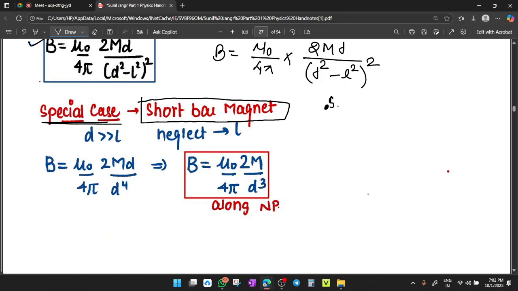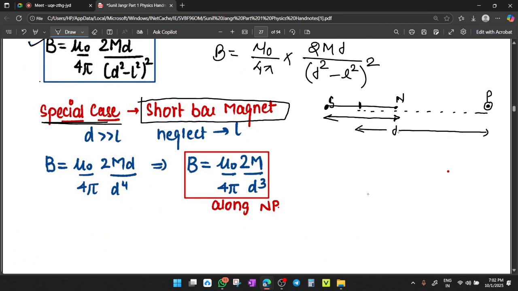See here, this is a south pole and this is a north pole. If the dipole is very small, this means the effective length will be very less. In comparison to this effective length, the external point at which we have to calculate our magnetic field intensity will be at a larger distance, right?